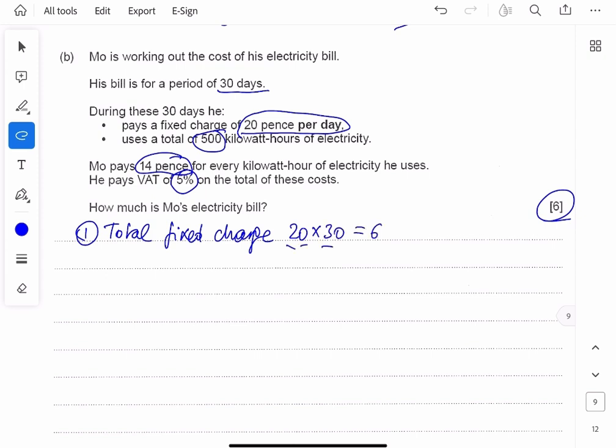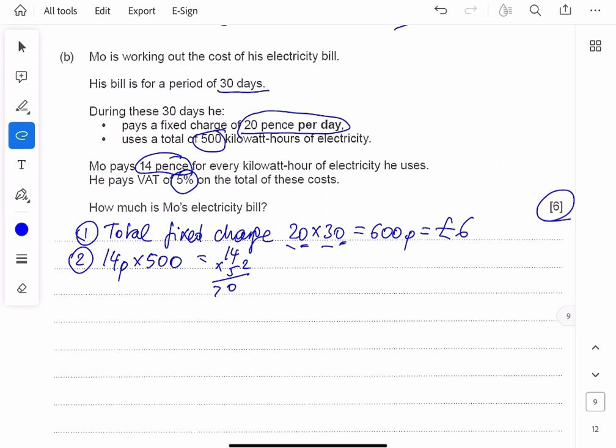So we're going to work out the total fixed charge for 30 days. That means 20 pence per day times 30. That gives you £6. What can we do next? I'll work out how many kilowatts were used, 500. We're going to work out the price for that by times-ing by 14, because for every kilowatt you use, it's 14 pence.